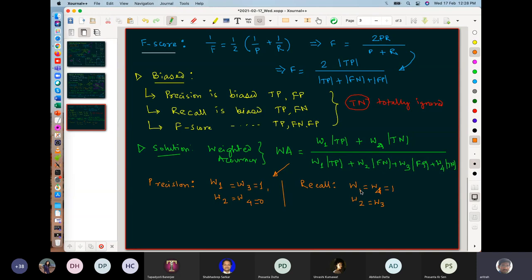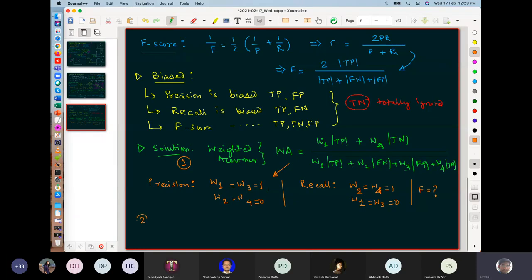No, I don't think so. W1 should be 0, W2 should be 1. So W1 and W3 should be 0. And similarly, you can easily construct the weights accordingly for F score. So this is one solution that people try to give.